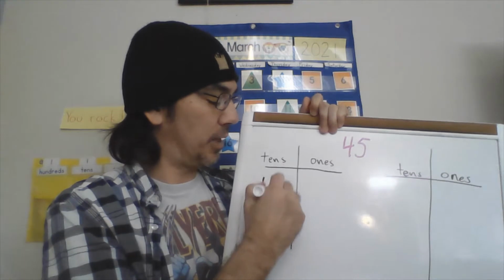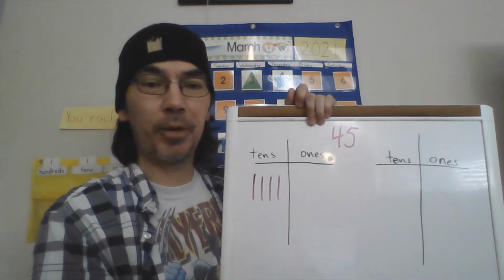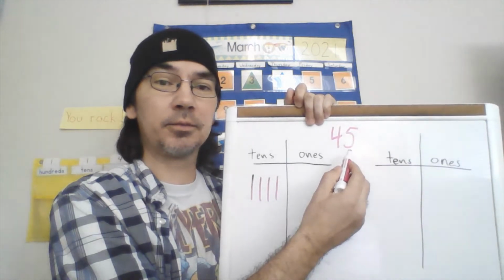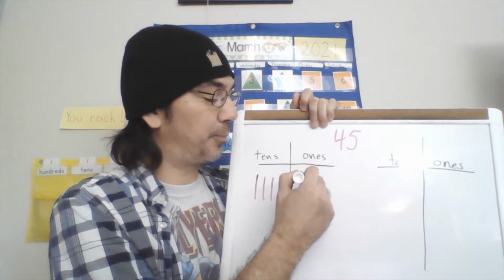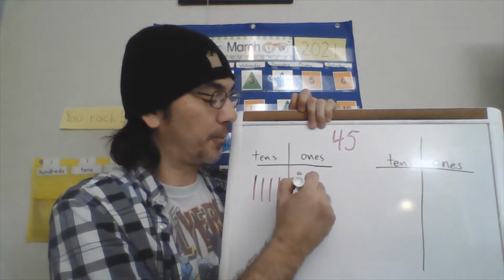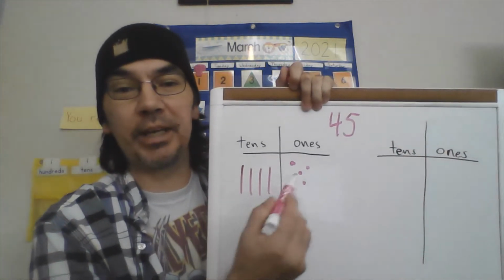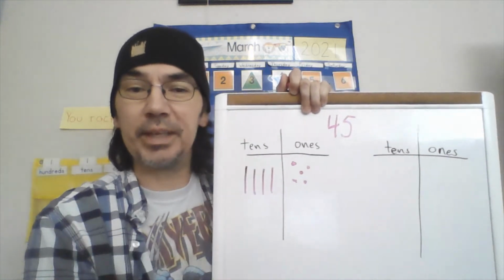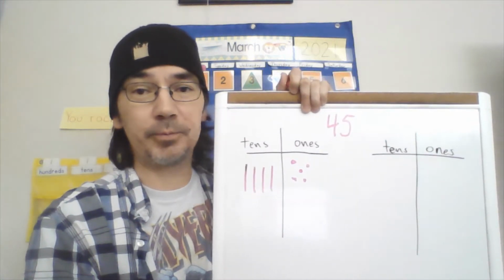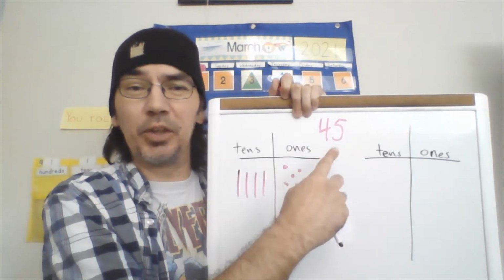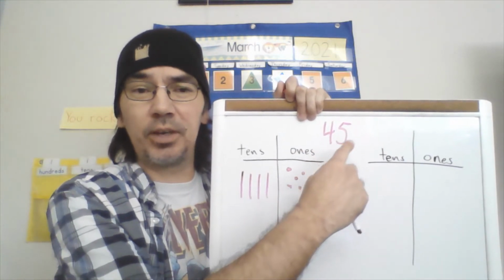So we can draw 4 tens over here. Right? 4 tens. How many ones? 5. We draw the 5 dots. There we go. So we have 4 tens, 5 ones. Here is 45. Now, this is how we have been doing it, right?